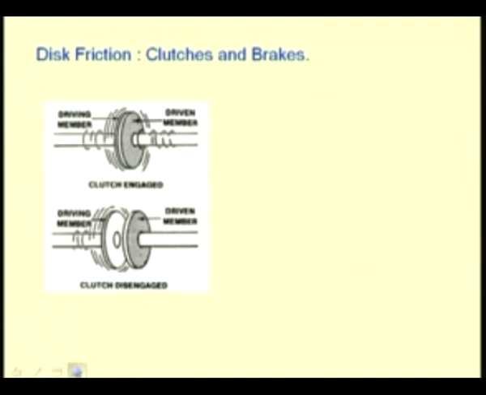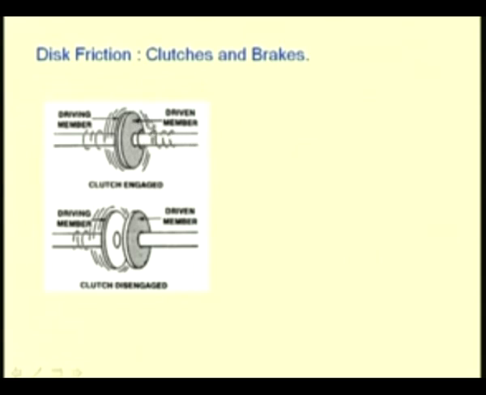This picture shows the working of a clutch. A driving unit, say a motor or an engine, is connected to this shaft and it is running, and you see a disc pad attached to the driving member and another disc pad attached to the driven member.